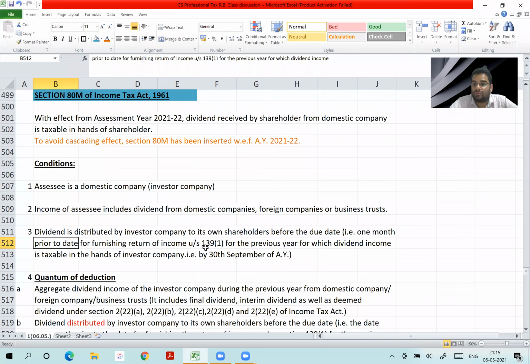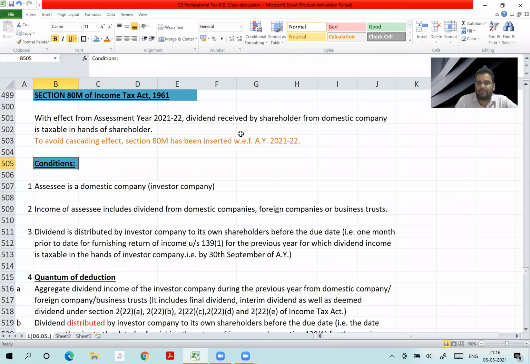Earlier, the due date used to be 30th September of the assessment year. Now that due date has become 31st October. Now, in these conditions, the date mentioned is 1 month prior to that due date. So what will be 1 month prior to that due date? 1 month prior to that due date will be 30th September.